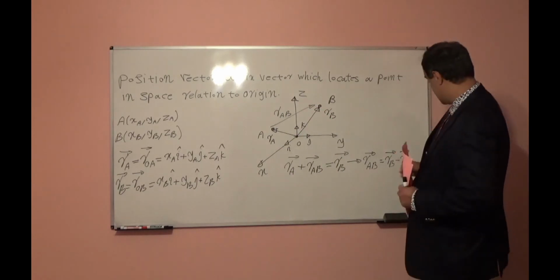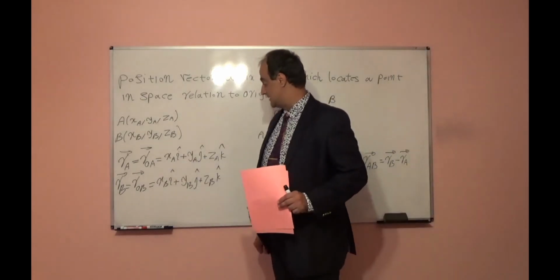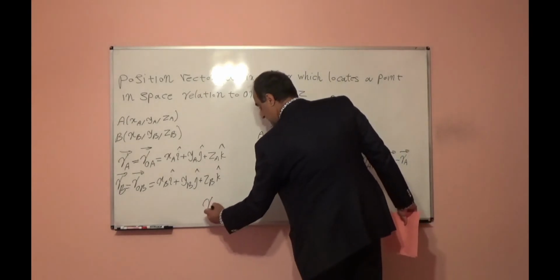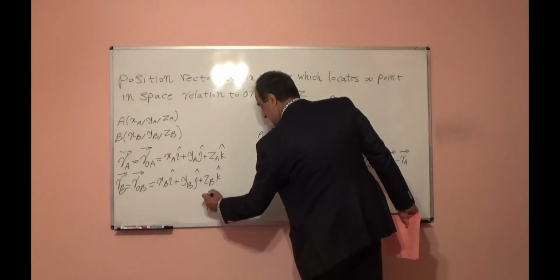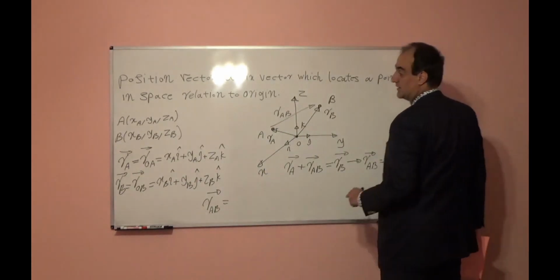If we represent rB and rA in Cartesian vector form in ijk components, I can write rAB will be equal to rB minus rA.